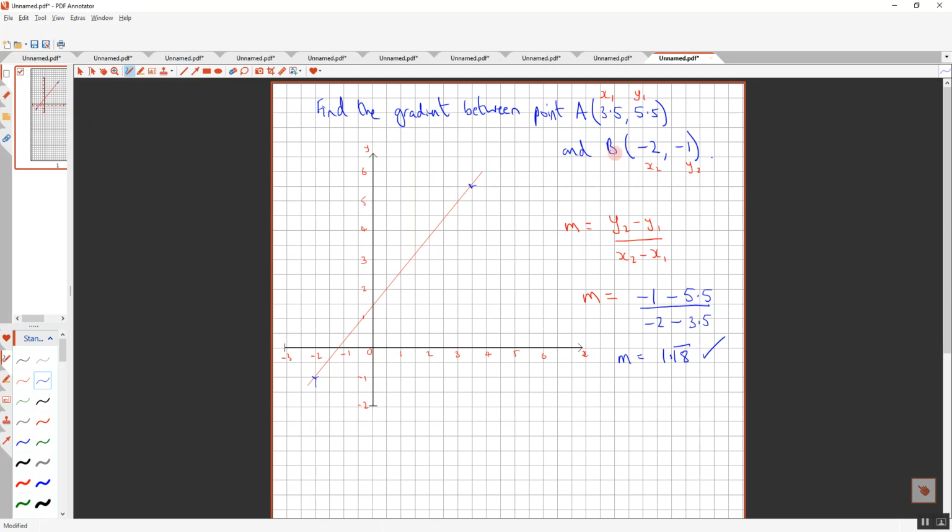Those are the same points that we used for the last one, but that's how you do it if you're just given the points. You label them x1, y1, x2, y2, then you substitute them into the formula, which you should be used to.